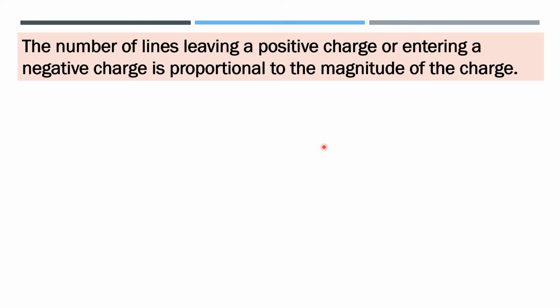We said this earlier, that the number of lines leaving a positive charge or entering a negative charge is proportional to the magnitude of the charge. Now, what about if there are two center charges, and supposing they are opposite charges? How do we describe the net electric field around these two charges?